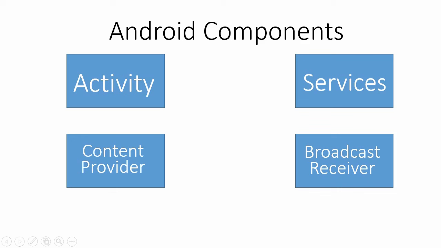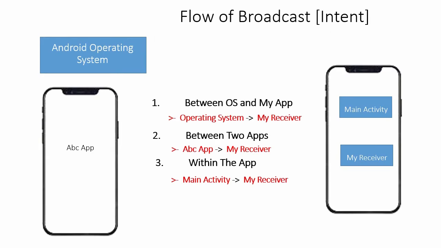What are broadcast receivers? Broadcast receivers handle the events which occur on Android. What is the flow of a broadcast? Look at this. The first one is between the operating system of Android and my app, or your app, anyone's app. Let's suppose I enable the airplane mode, so it gives a message to the app that airplane mode is enabled.